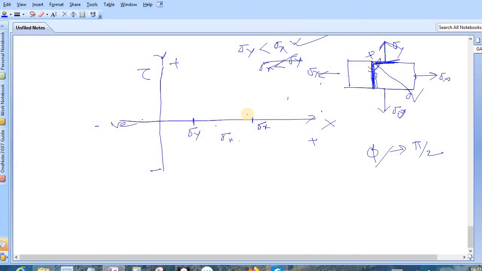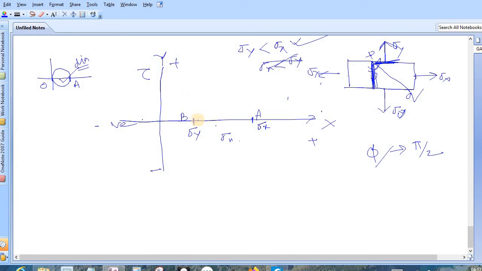So our very first step is, let's name it. This is A, this is your B, and as we have done in case of our uniaxial stress also, this was A, this was O, and we have made a circle by using OA as your diameter.